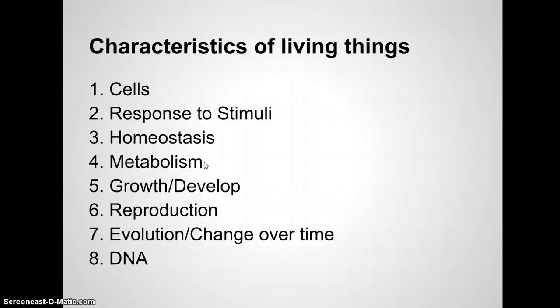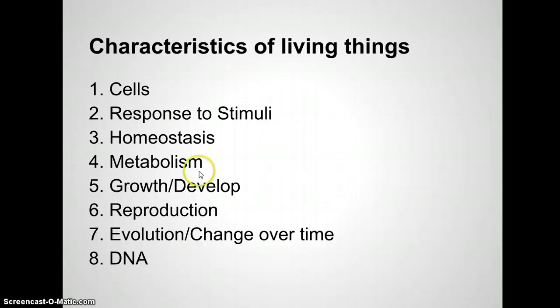For example, plants can't just head through the drive-through and grab a Big Mac, but they can metabolize things like water and CO2 through the process of photosynthesis to make glucose and oxygen. So metabolism is just taking in materials and processing them. Growth and development. All living things grow and they develop or change over time.